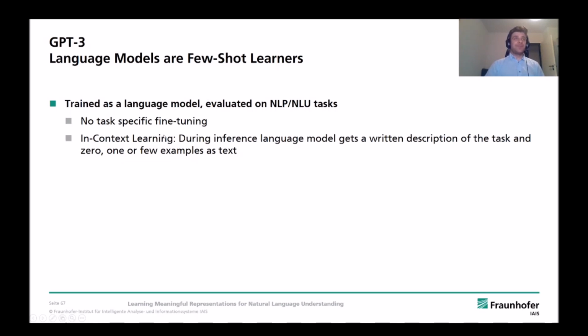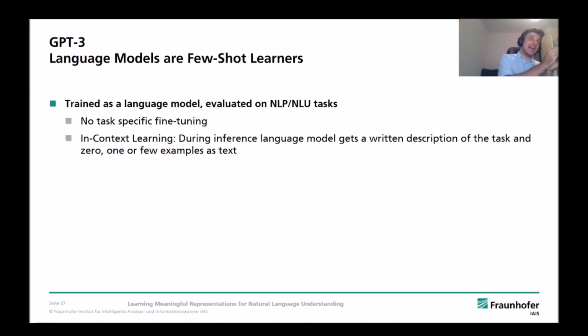They call it few-shot learners, which is quite misleading, because in fact they perform something called in-context learning. What does that mean? First of all, it means that they do not fine-tune the model parameters, but second of all, during inference, after the language model is trained, they input some examples of a task. For example, saying German Käse is English cheese, and German Torwart is English goalkeeper.